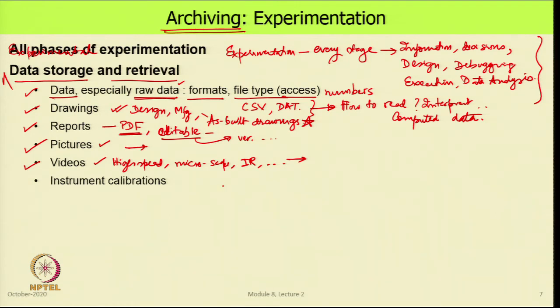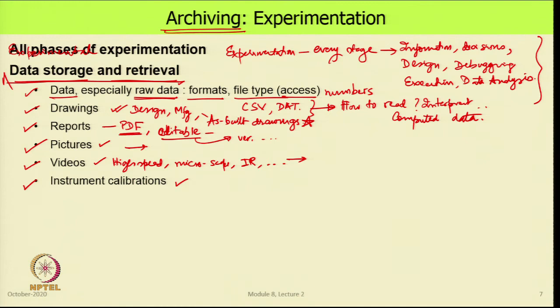We have to tell what it is, only then can others interpret it. Then there is information related to instruments, instrument calibrations, equipment, equipment manufacturers and their data. All of that is valuable information for future use, and we need to store it so that in future somebody can pick it up, know what it is and take action based on that.